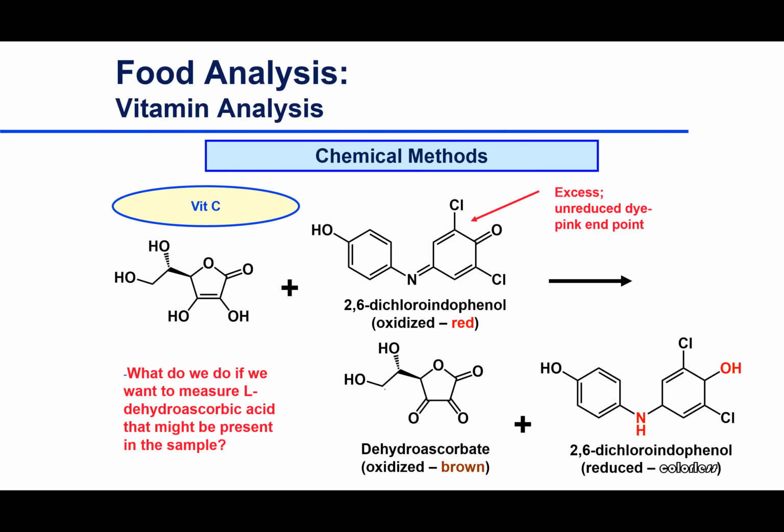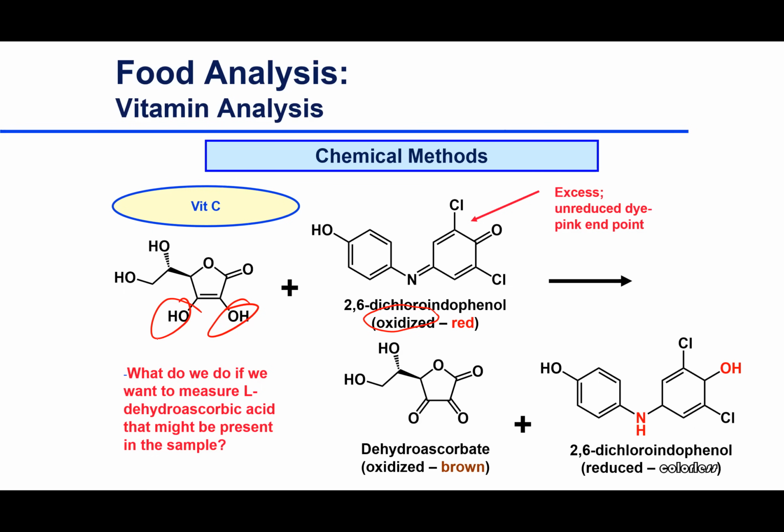if you were doing it in class, this would be the background to it. So you have the reduced form of vitamin C. These hydroxyl groups are the site of a reduction in oxidation. And here's 2,4-dichloroindophenol. And it's oxidized. This is reduced. So this is an oxidation reduction reaction, obviously.